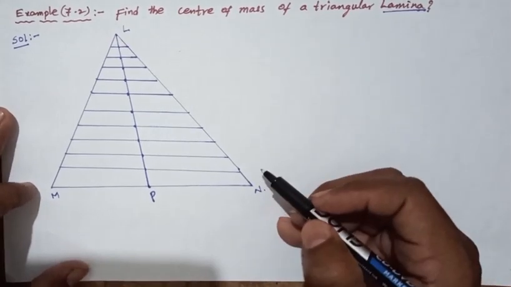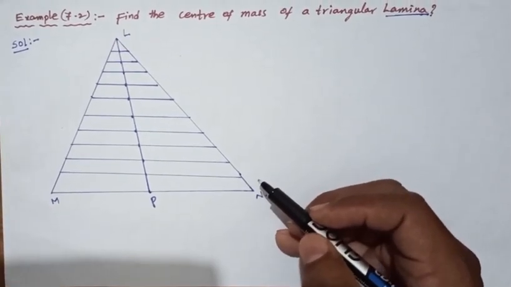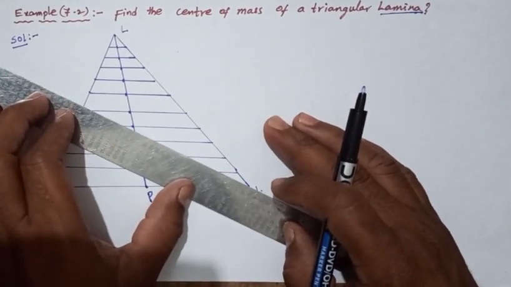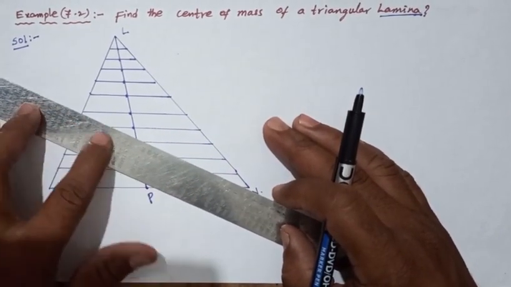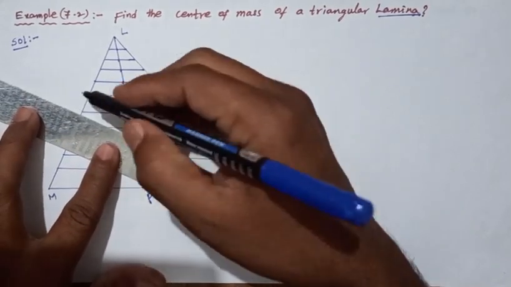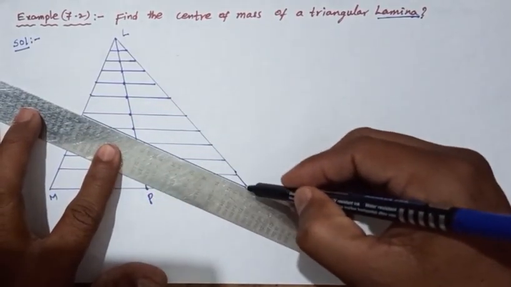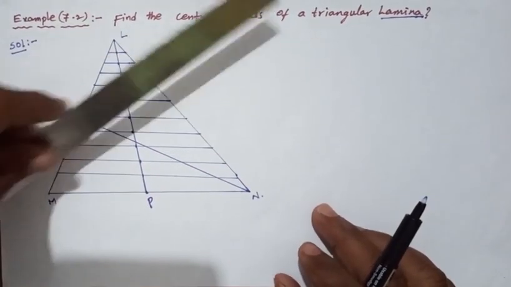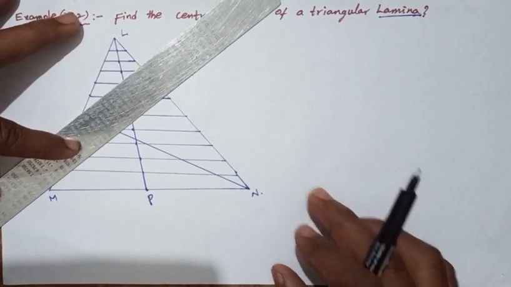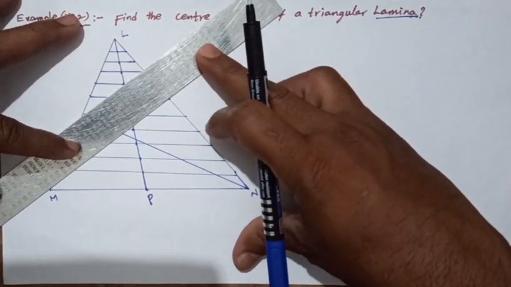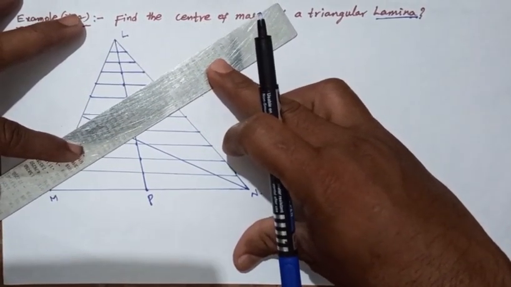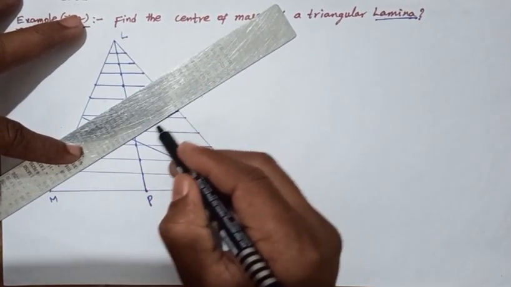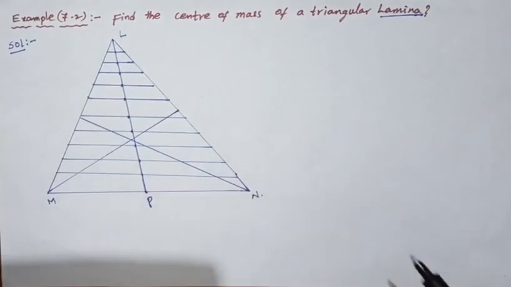Again we take the median of LM, and again the median of LN.